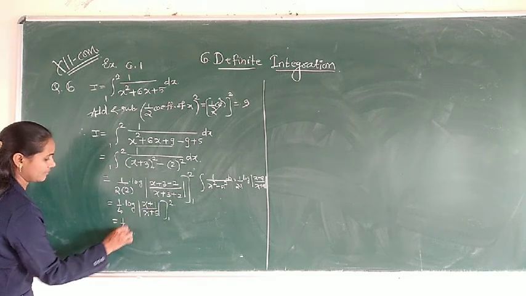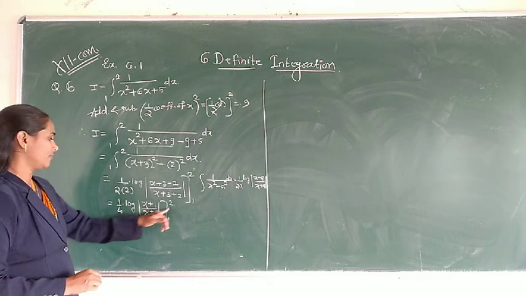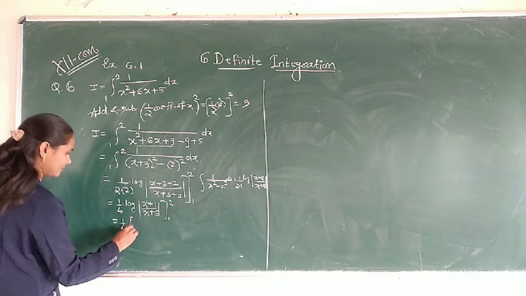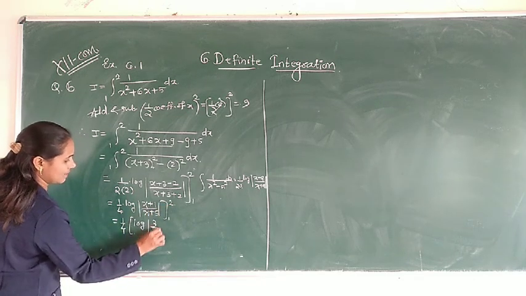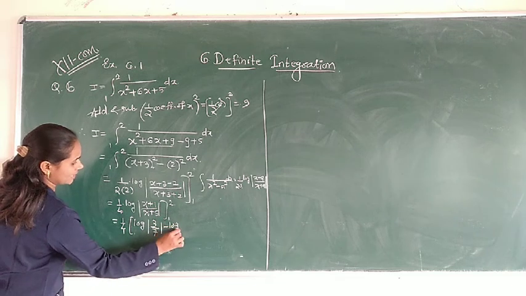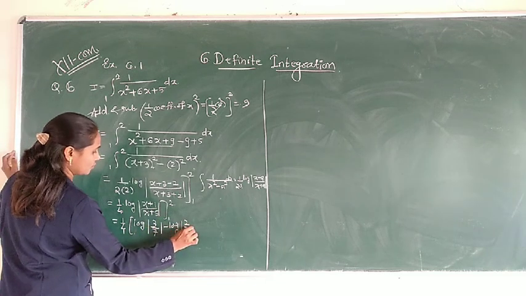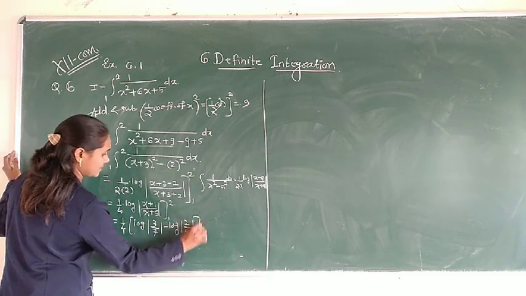First take the upper limit, 1 by 4 as constant. If we take 2, then 2 plus 1 is 3, and 2 plus 5 is 7, so 3 by 7, minus the lower limit: 1 plus 1 is 2 and 1 plus 5 is 6.